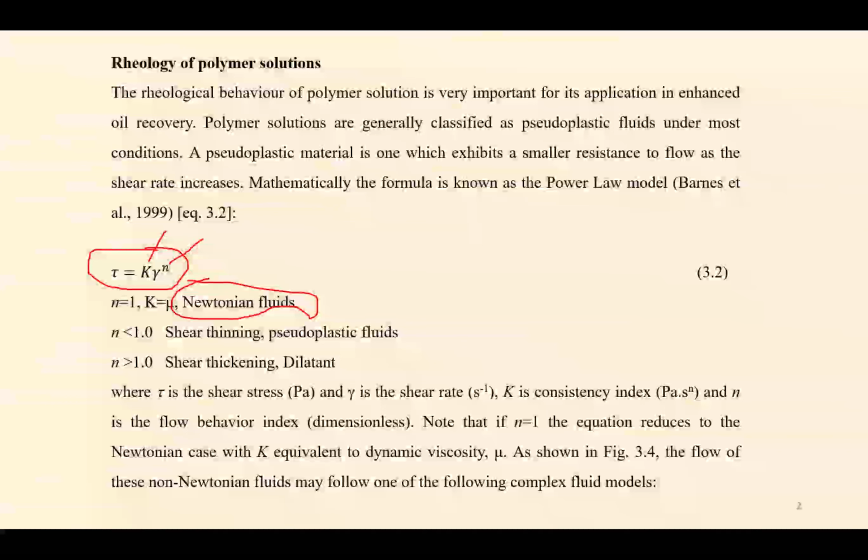And if the value of n is not equal to 1, that is, if it is less than 1, then it will be a shear thinning pseudoplastic fluid. And if n is greater than 1, then it will be shear thickening, and this type of fluid is known as the dilatant fluid.